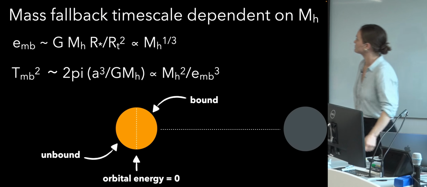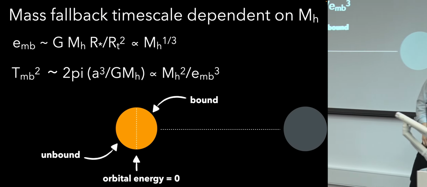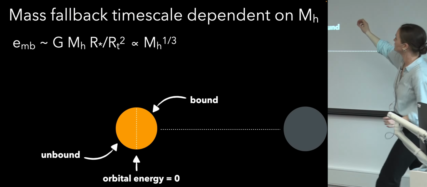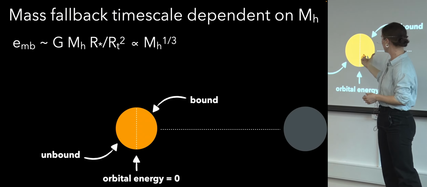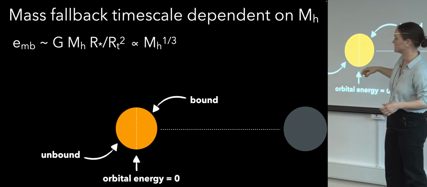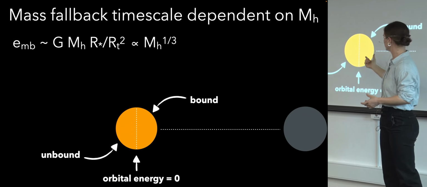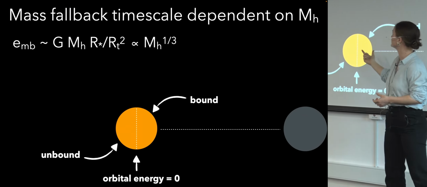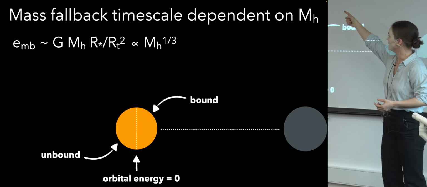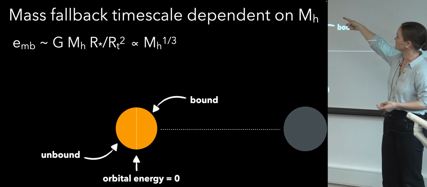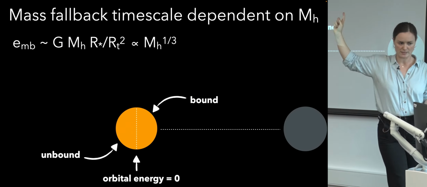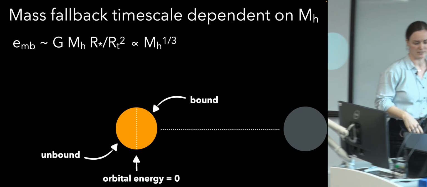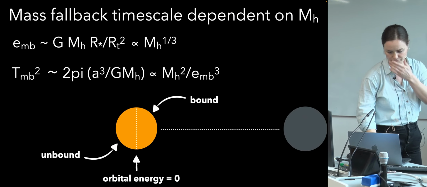And you can estimate the energy of the most bound orbit as just the difference in the tidal force between the center of the star and the exterior of the star. You do a little Taylor expansion and you get this relationship that goes as the black hole mass over the tidal radius squared, or the black hole mass to the 1/3 power.